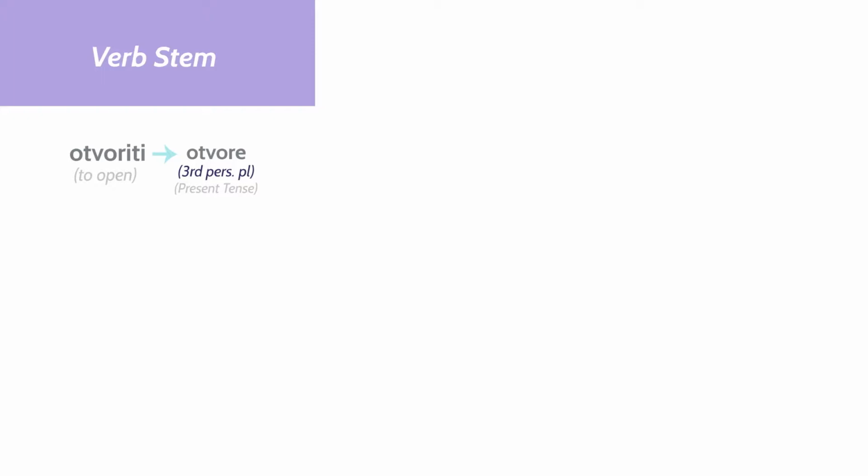To form the verb stem, we remove the ending for present tense, which in this case is the vowel e, otvore, and that leaves us with the verb stem otvor. This is our base from which we will add all other endings for imperative.